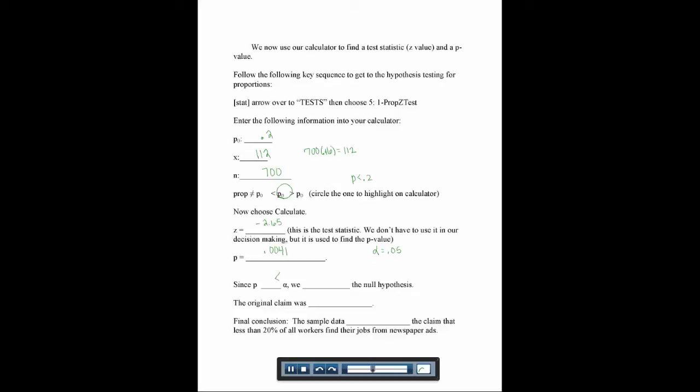If you look back at section 8.2, if p is less than alpha, we reject the null hypothesis. The original claim was the alternate hypothesis, and when we reject the null hypothesis, we support the alternate hypothesis. So our final conclusion would be the sample data supports the claim that less than 20% of all workers find their jobs from newspaper ads.